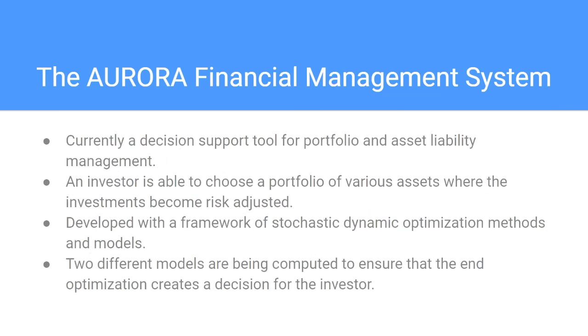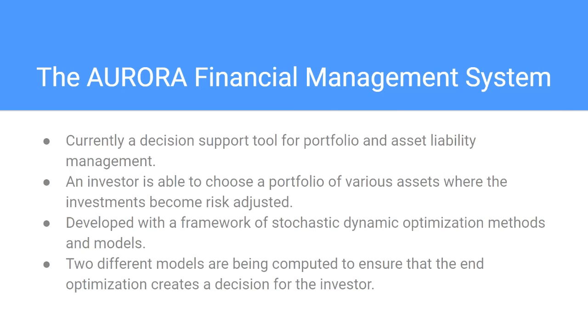So now we'll talk about the Aurora financial management system. It is currently a decision support tool for portfolio and asset liability management. An investor is able to choose a portfolio of various assets where the investment becomes risk adjusted. It is developed with a framework of stochastic and dynamic optimization methods and models.